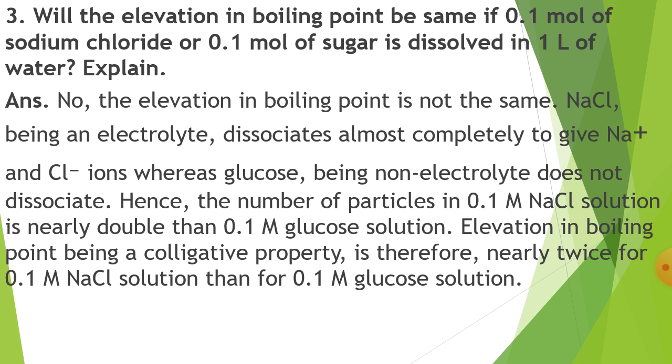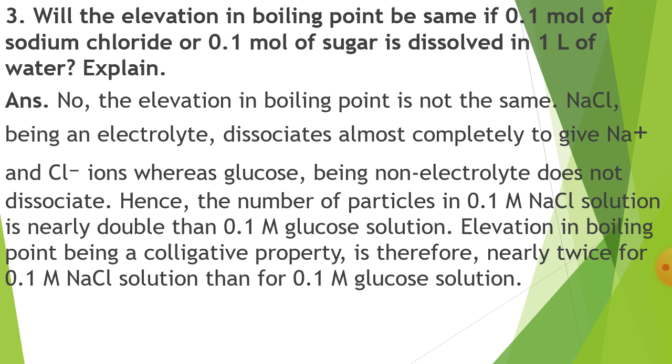Now focus on the answer. Will the elevation be the same? No, the elevation in boiling point is not the same. The reason: NaCl is an electrolyte, meaning it dissociates in the medium, that is, the aqueous medium.